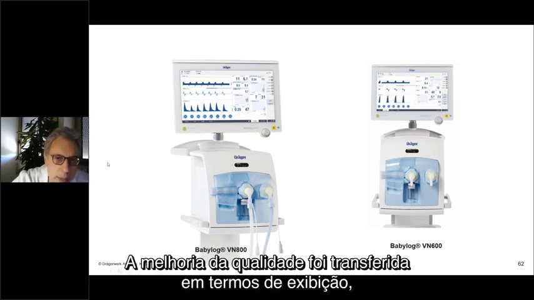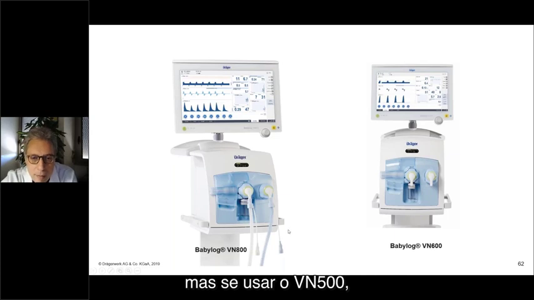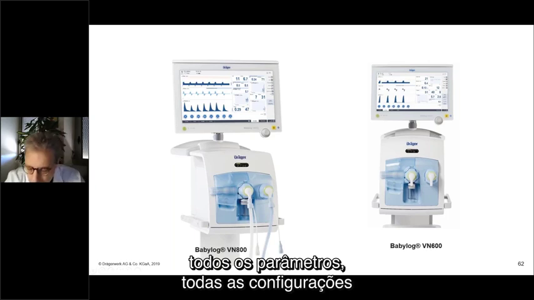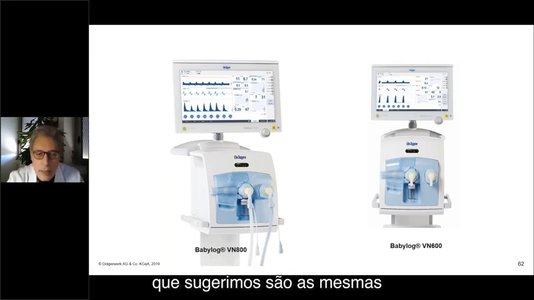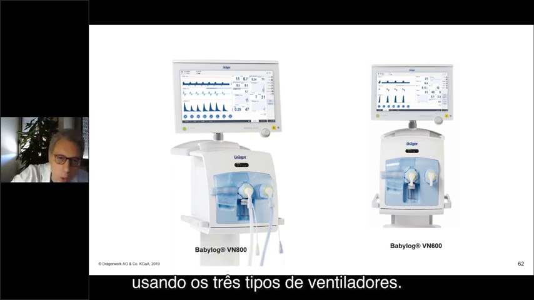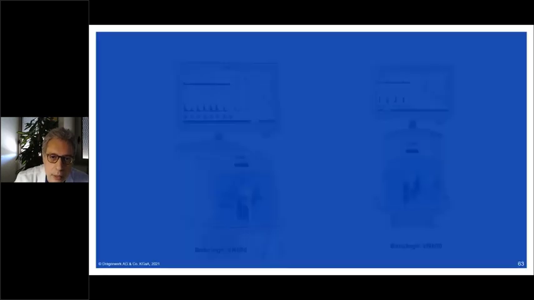The quality improvement has been transferred in terms of the display, but if you use the VN500 or the VN800 or 600, all the parameters, all the settings I have suggested are the same using all three types of ventilator.